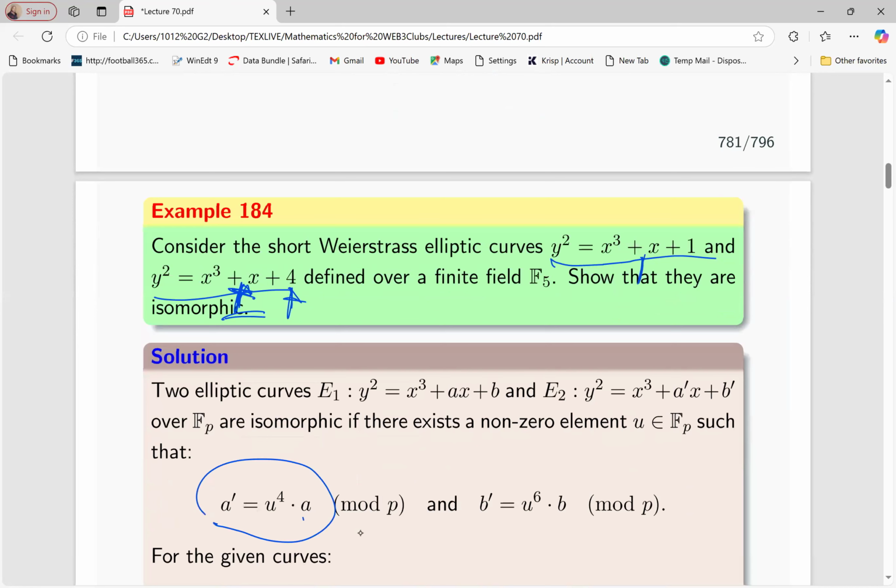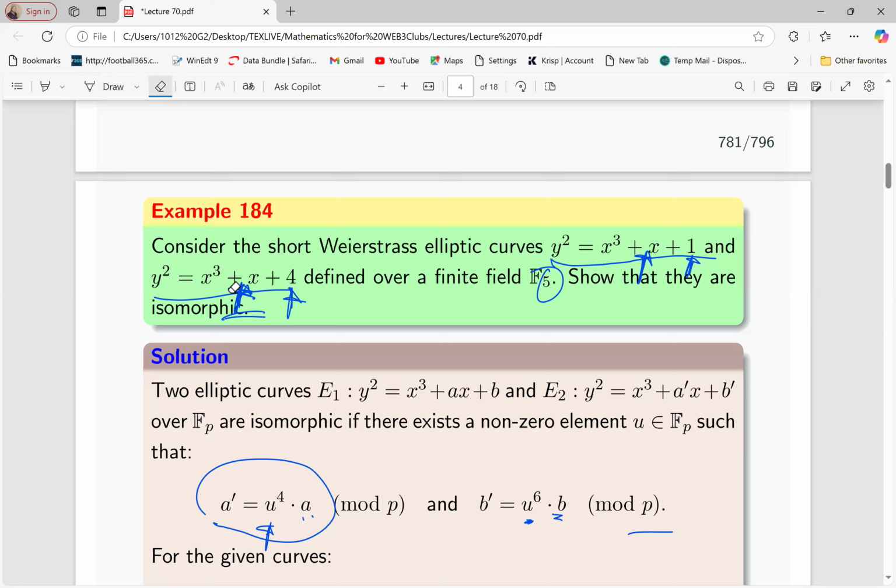Our a is 1, and our b is 1. So that is what we want. Can we find the u, so that this u raised to 4 times a gives you a prime, and the same u raised to 6 times b gives you b prime? Can we find that? So that is our question, therefore. Mod p. Our p is 5, so we are doing it mod 5.